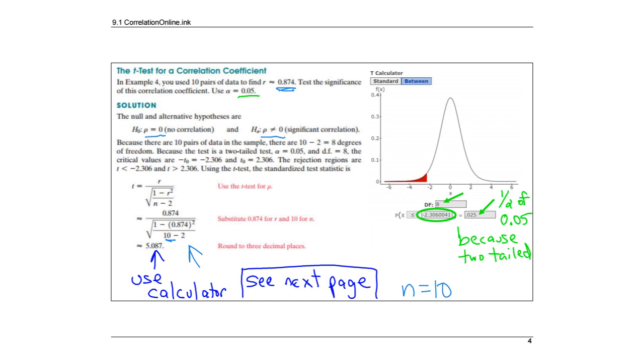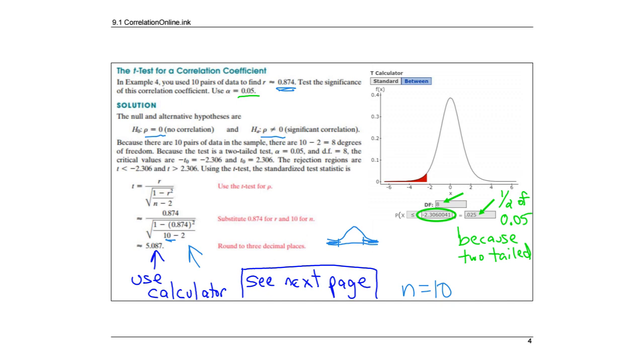Now, the problem is we need to look at our critical values for alpha. And also remember, because this is a two-tailed test, I have to split alpha up into each side. So alpha is 5%.